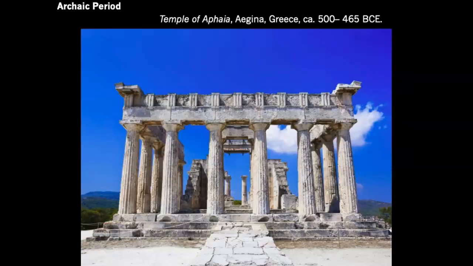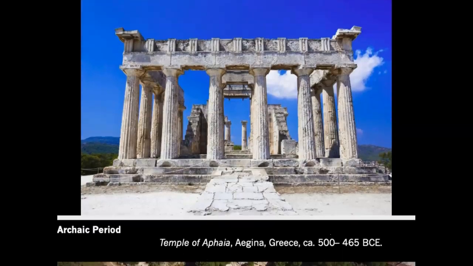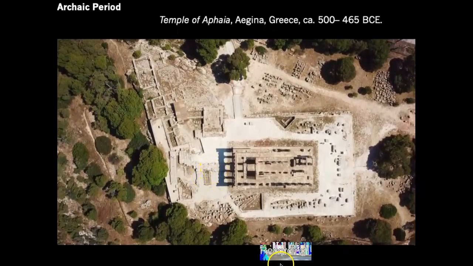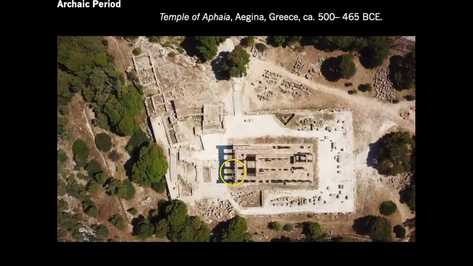So here we are standing in front of the temple of Aphaia, and I need you to use your imagination because most of it is missing. If I pull back here, we were standing right here, we can still see the remains of the larger temple complex.